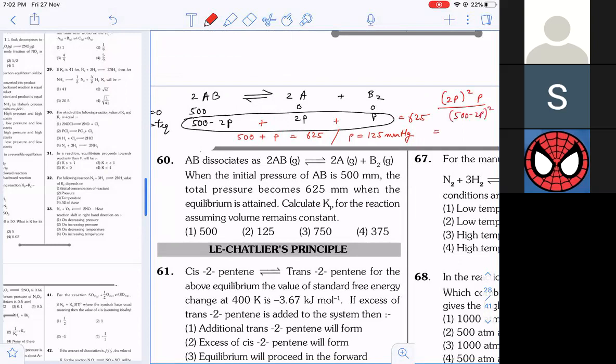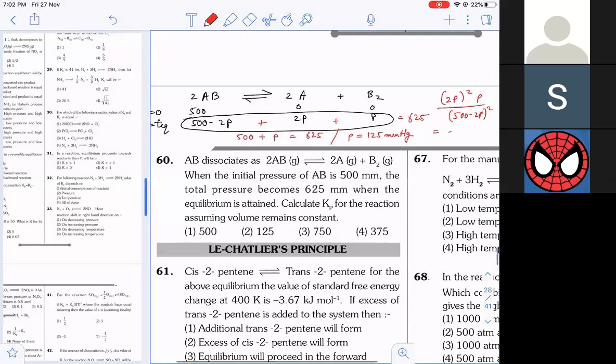And it comes out to be, 2P is 125 into 2, that is 250 square, into P is 125, divided by 500 minus 2P. 500 minus 250 is 250 square. So answer is 125. Is it all right?